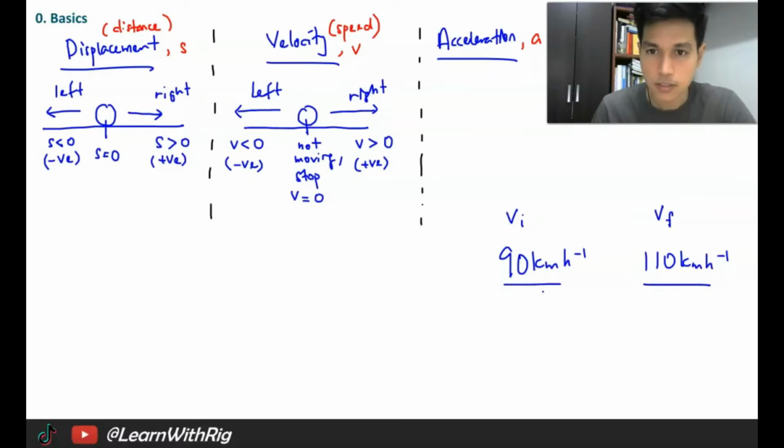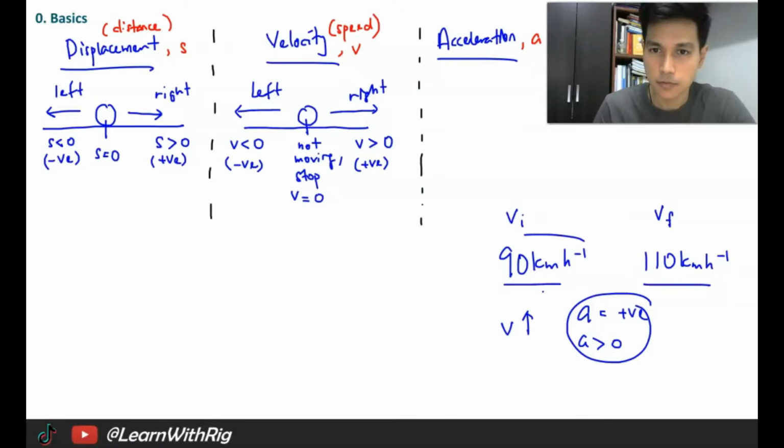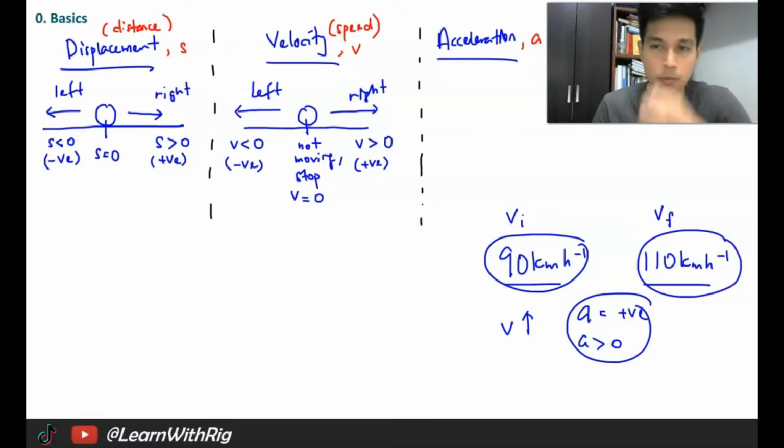So because of this, the acceleration is positive. It's a positive value. That means a is more than 0. This has got nothing to do with direction. It's not like velocity where going right means positive and going left means negative. No, if it's positive, that means the velocity is increasing, from 90 going to 110.